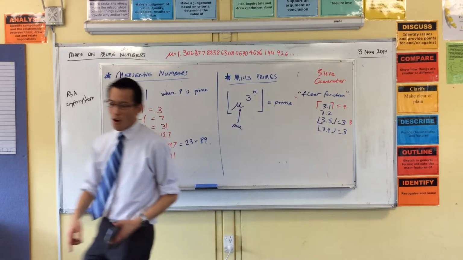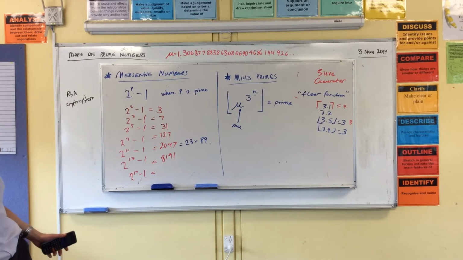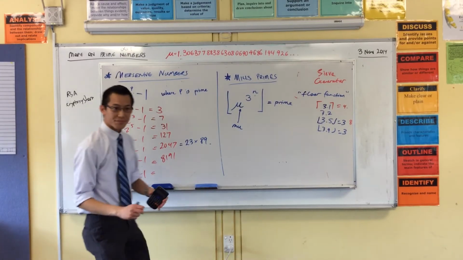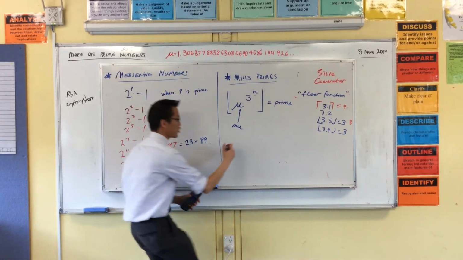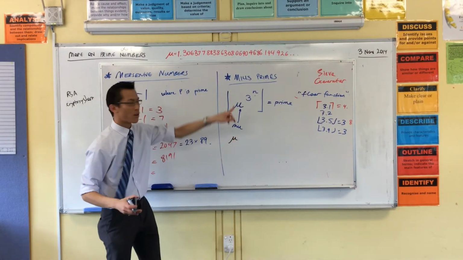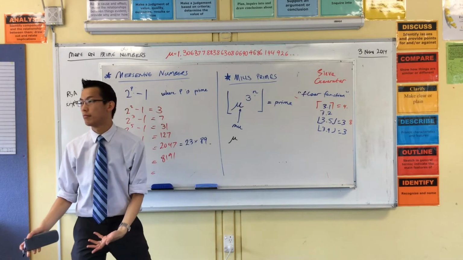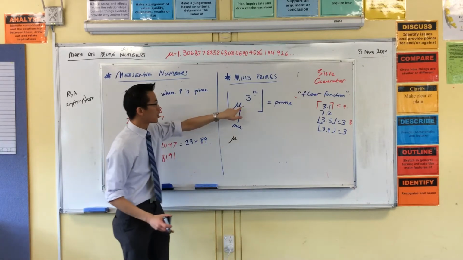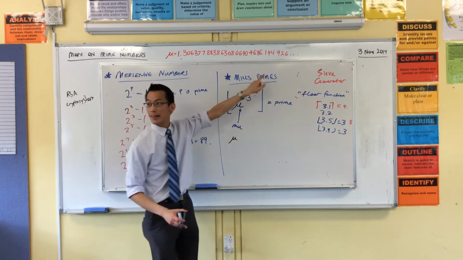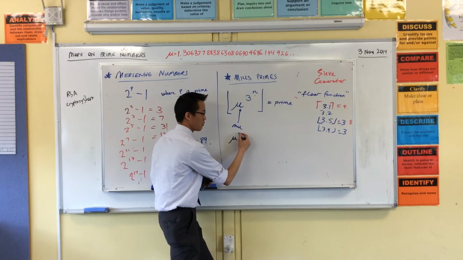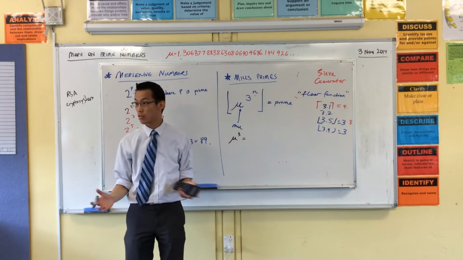All right, now, what are the primes that get generated by this thing? Well, you're going to take this number and raise it to the power of 3 to the power of some number. So if I say n equals 1, I'm going to raise mu to the power of 3 to the power of 1. So that's mu cubed. Does that make sense?